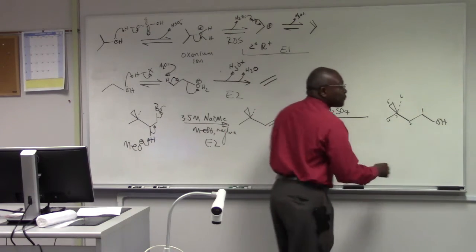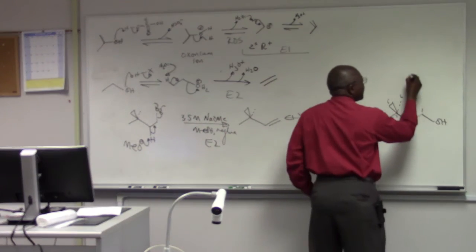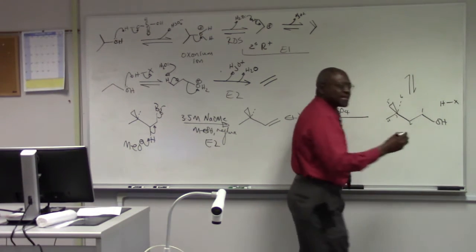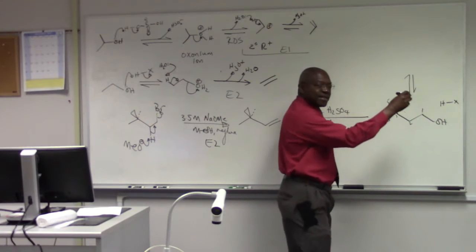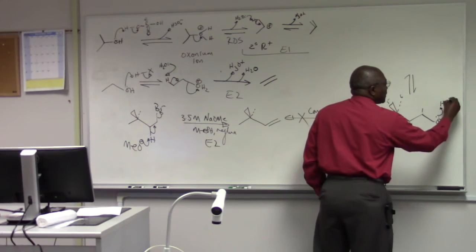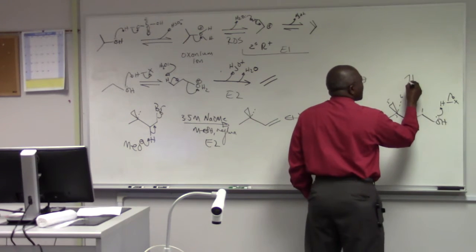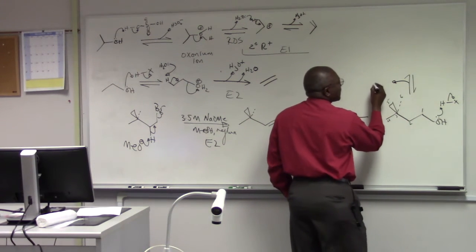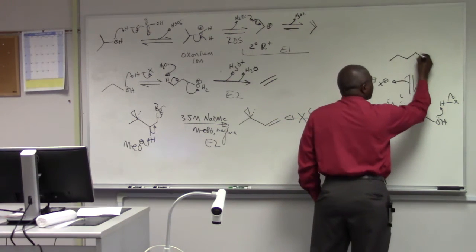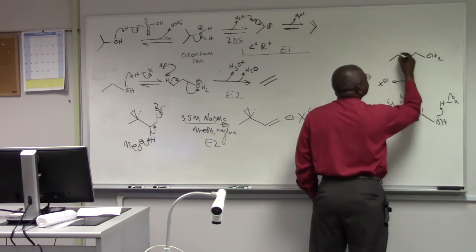Well, if I treat it with the acid, again, the first step, and I'm just going to write the acid as HX, right? So sulfuric acid, let X be the bisulfate. The alcohol will deprotonate the acid. We're going to lose X minus, and that will generate the oxonium ion.